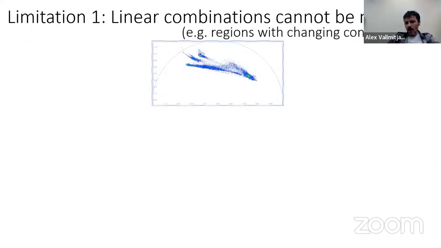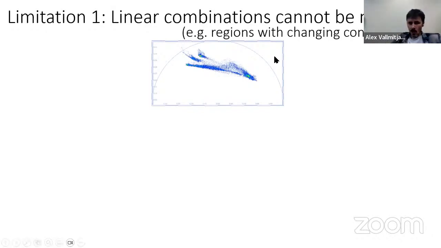There's a couple of slides here on the limitations of this method. The first one is that linear combinations cannot be modeled. You can only model data that is the pure emission of one probe or another. If you have regions on the phasor plot that correspond to increasing contribution of a different fluorophore or decreasing of another, you will find these streaks, which we call linear combinations. These pixels here contain a bit of this one and a bit of that one, and there's increasingly more of one or the other. This cannot really be modeled with a Gaussian. This is not a Gaussian.